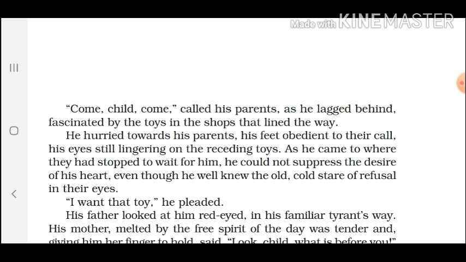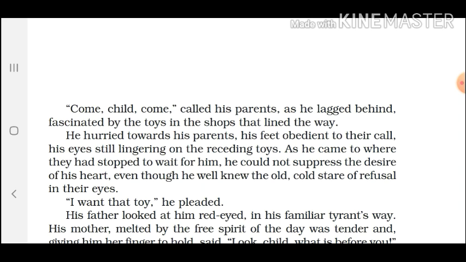He hurried towards his parents, his feet obedient to their call. It means the child immediately went to his parents as they called, his eyes still lingering on the receding toys. Here, lingering means lasting for a long time, and receding means left behind.